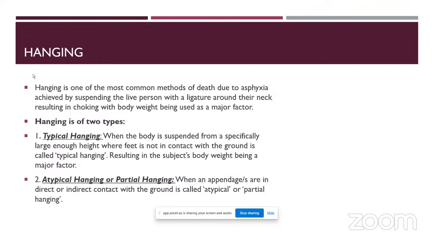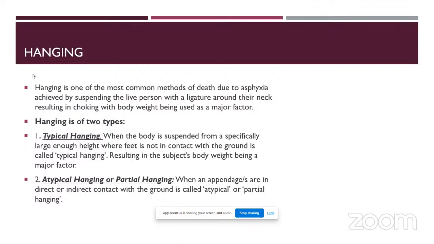Hanging can be defined as death produced by suspending the body with the help of a ligature that is tied around the neck, which constricts and produces a force due to which the weight of the body constricts and the respiratory system is choked. So this is about hanging.